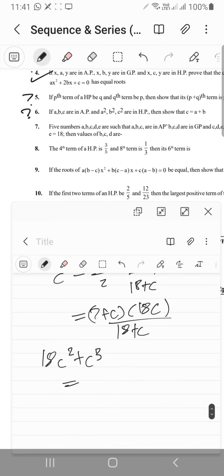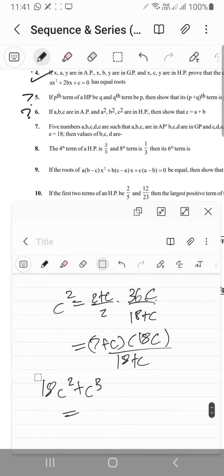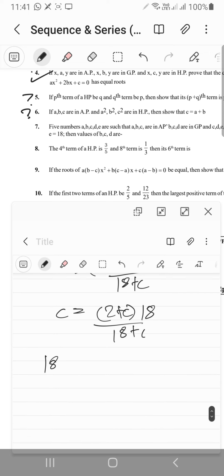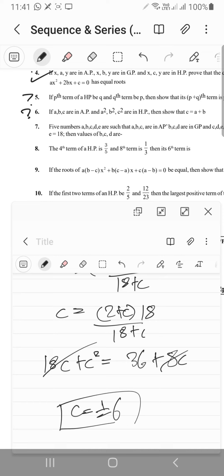Sorry. So either C is 0, which basically doesn't happen, or you have C equal to (2 plus C) times 18 upon (18 plus C), which means 18C plus C squared equal to 36 plus 18C. This cancels, you got C squared equal to 36, C equal to plus minus 6. There you go, right?